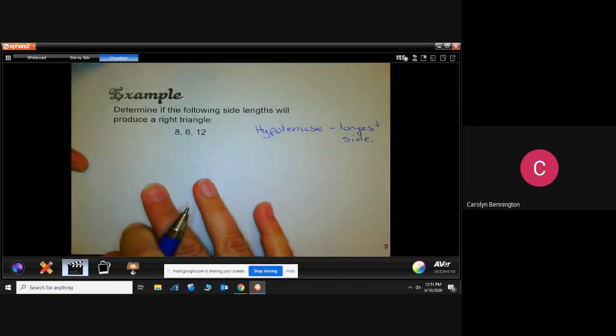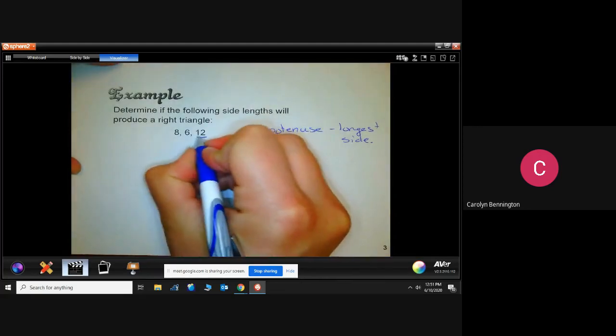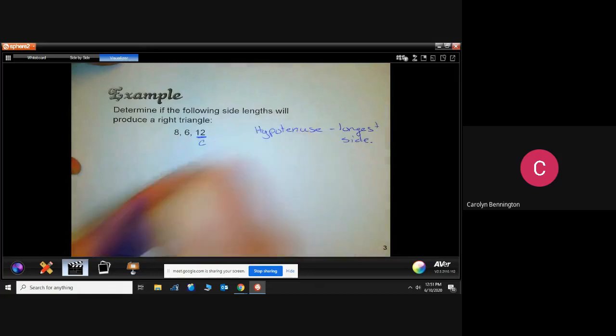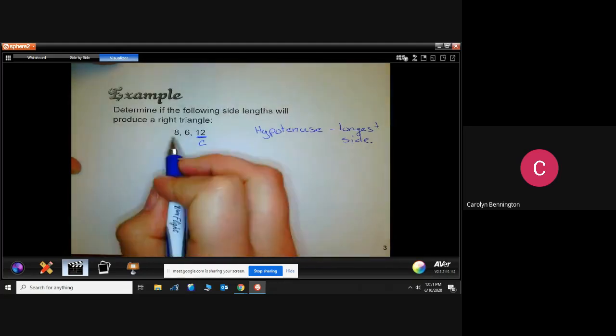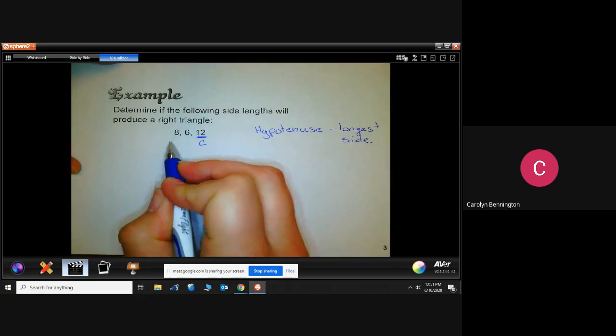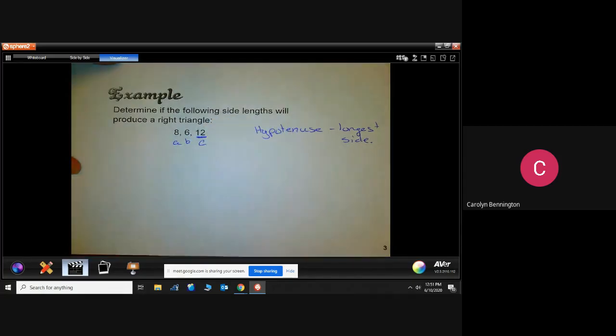So the first thing that we need to look at is, what is our largest number that will represent the longest side? So that's going to be 12. So we want to call that our C value. The other two numbers that are smaller can be A or B, it doesn't matter. So we'll just say 8 is the A and 6 is the B.